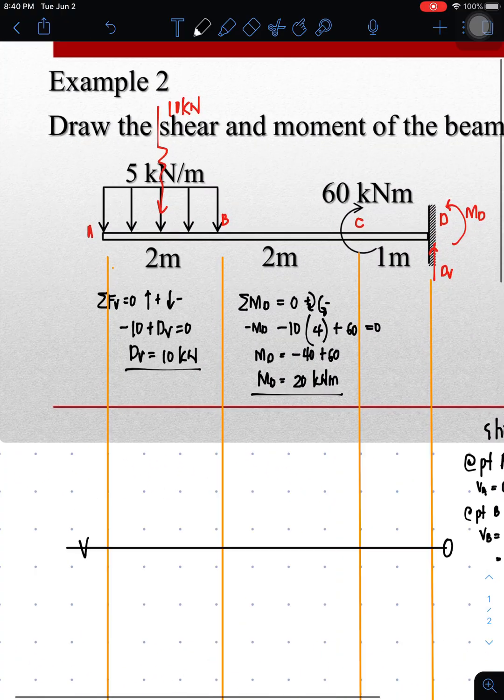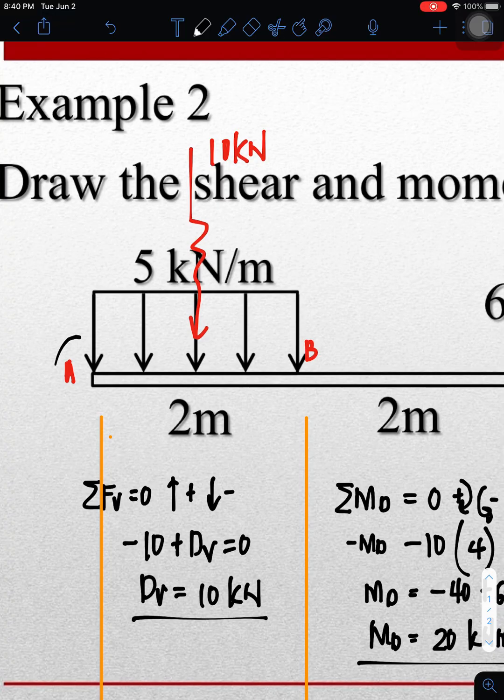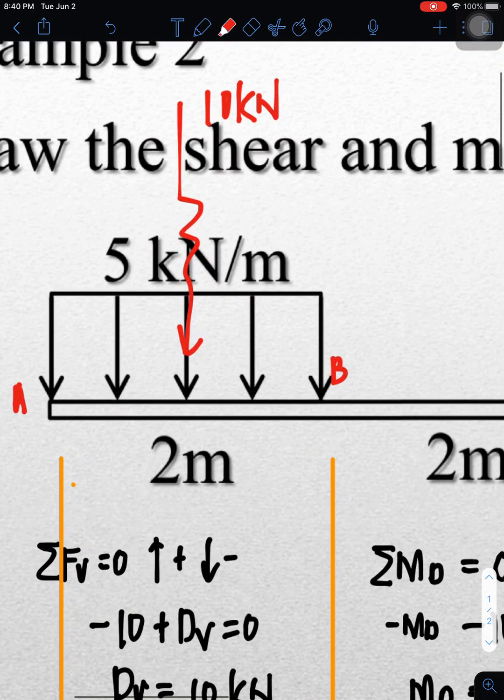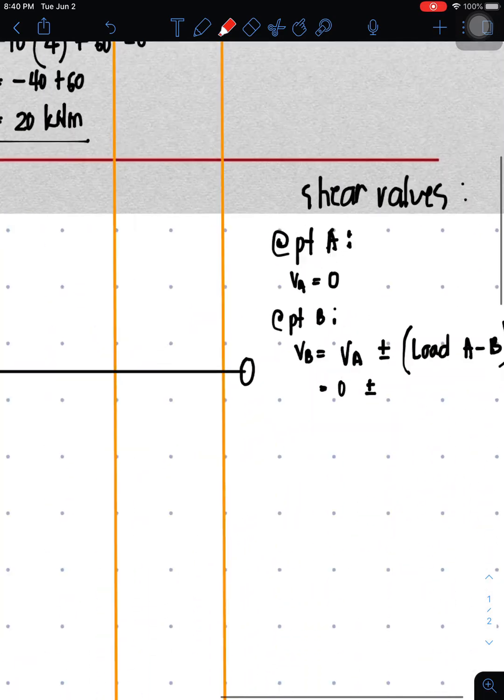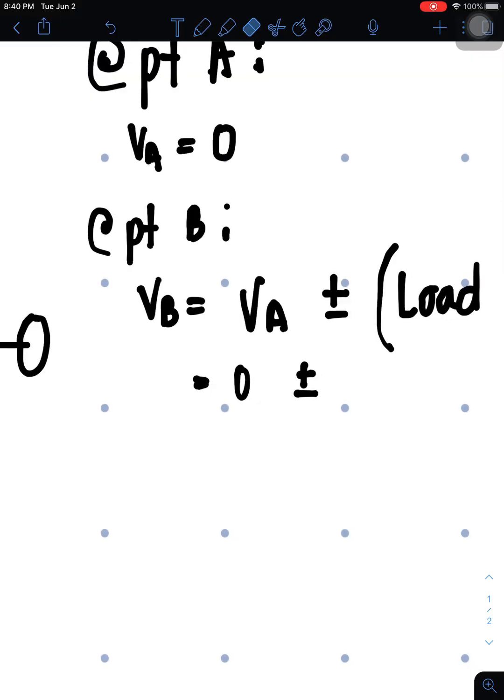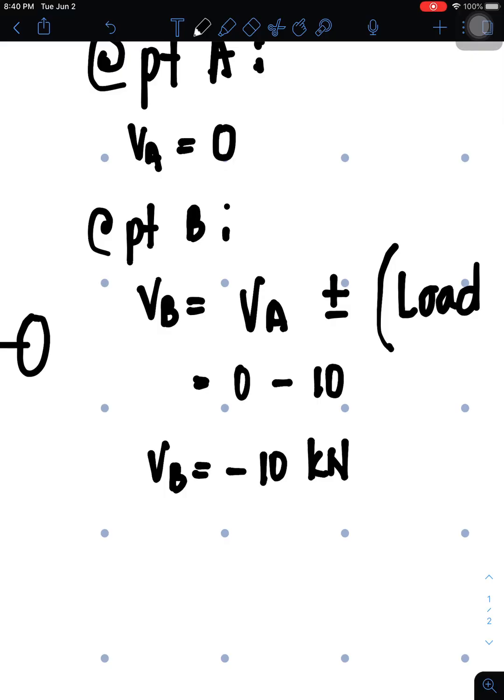What is the load between A to B? The load from A to B includes the 10 kilonewtons here. That's the load we'll put, and that's downward, so it's negative. So we're placing plus minus, and we change it to negative, so it's negative or minus 10. Therefore, VB is negative 10 kilonewtons.